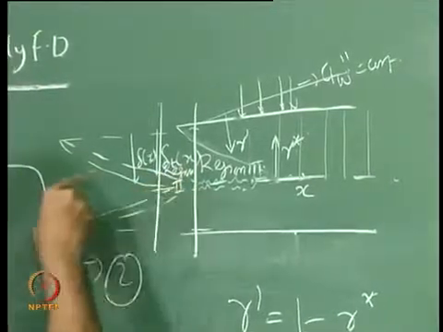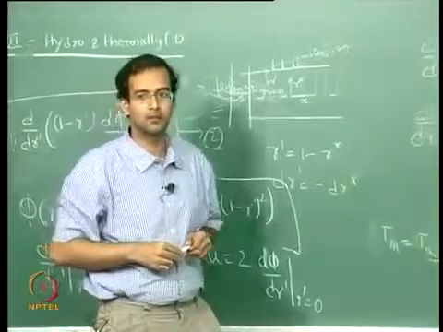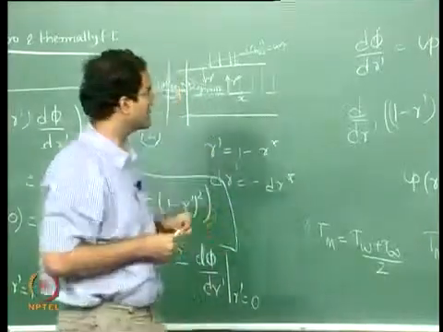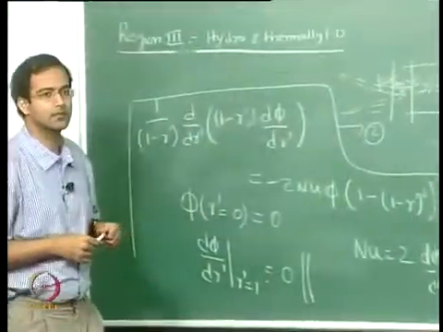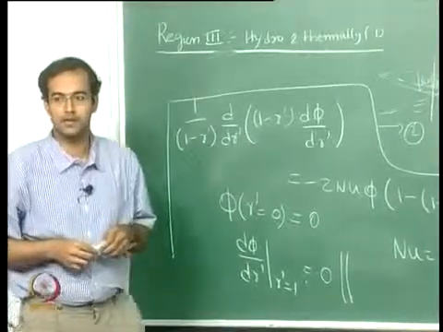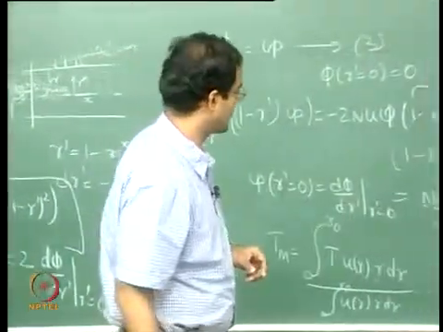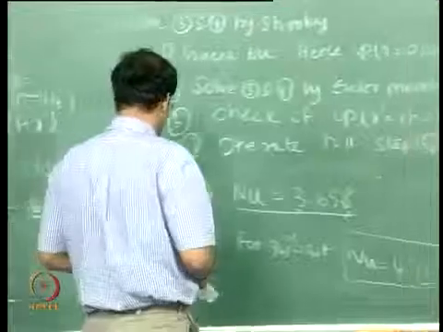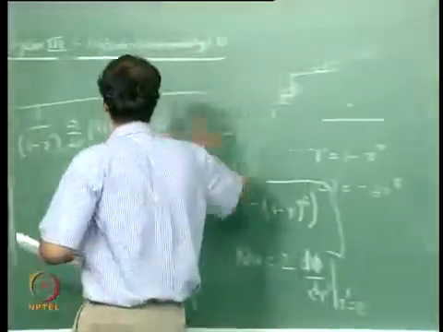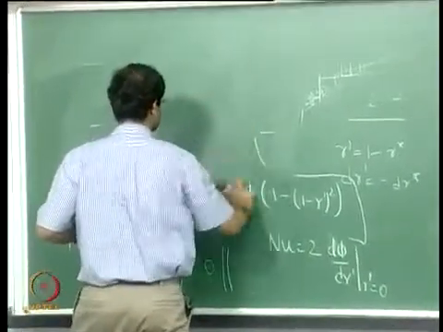Here you are hydrodynamically fully developed, but the thermal boundary layers have not merged, or you cannot say that d theta by dx is equal to 0, okay. So you can only say du by dx is 0, the velocity profiles are fully developed but you cannot say the temperature profiles are fully developed. This is a more interesting region, and we will focus the rest of the classes, another 3 or 4 classes, on region 2.